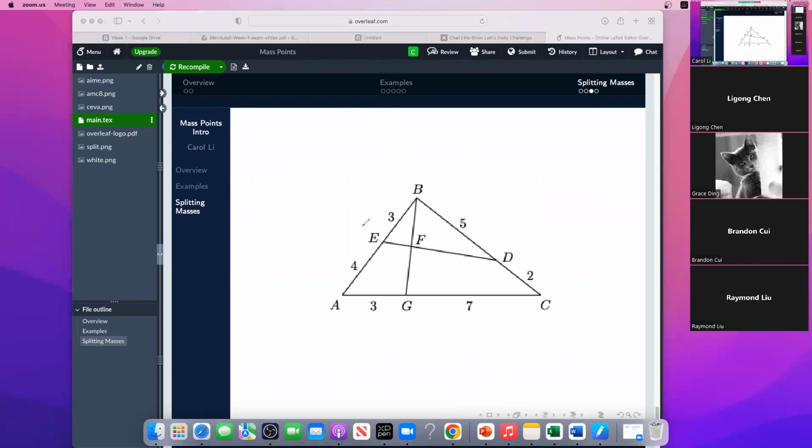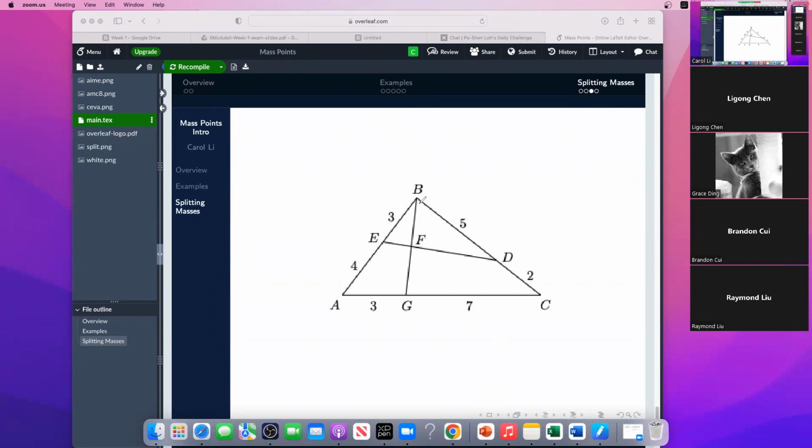So, let's start off by making some ratios. Now, the issue with this question is that you don't want to end up with nasty numbers here.